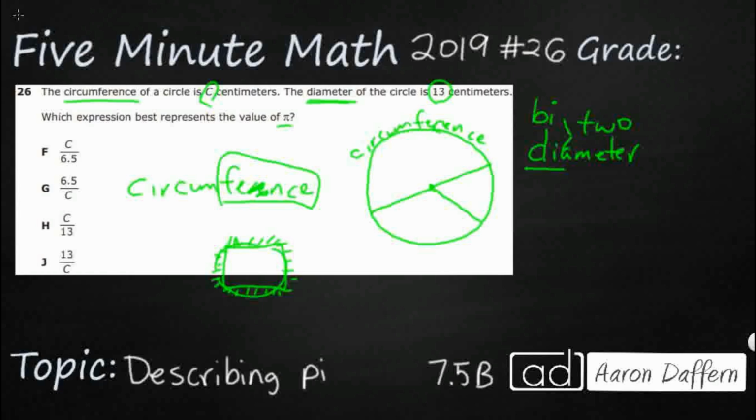So think of bi and di as similar prefixes. We're looking for the line that is cutting our circle into two equal parts, and you see that is this long line right here. The one term that we did not use is the radius. The radius is what we call a line that starts from the center and radiates out towards the side.